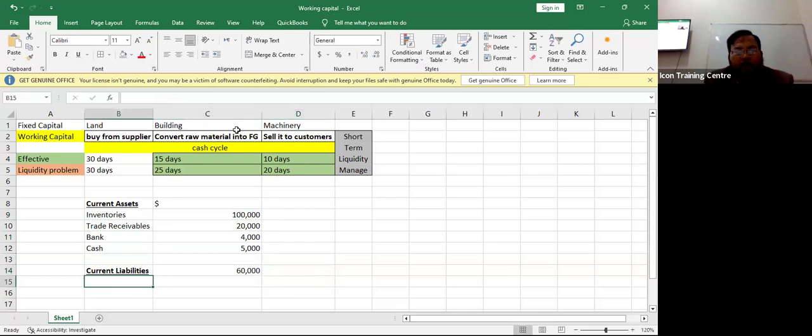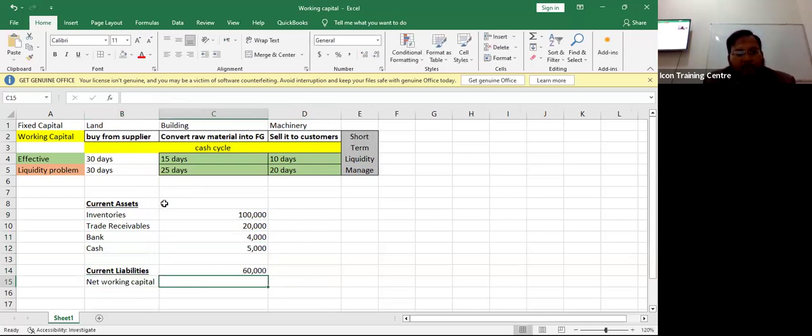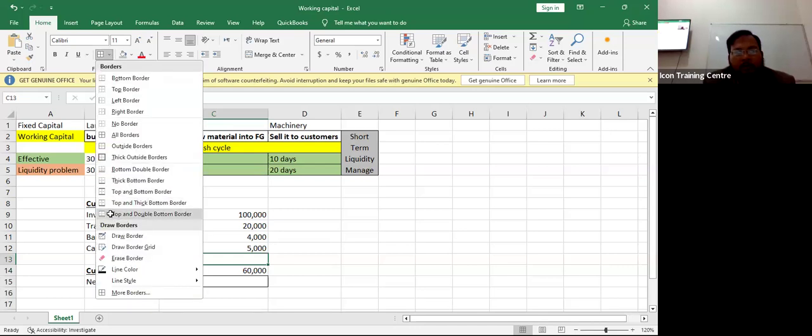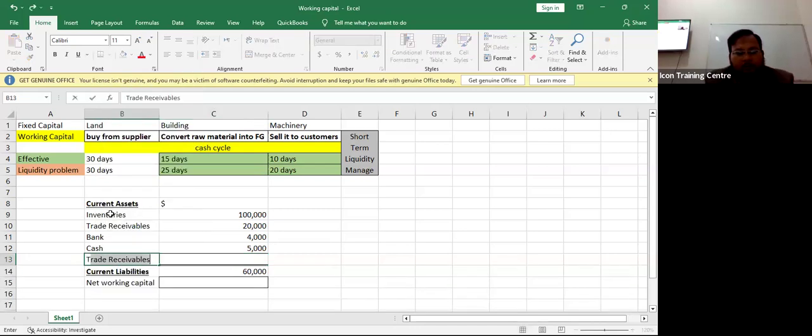So your net working capital will be the difference between total current assets minus current liabilities.